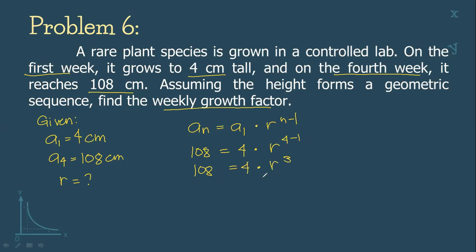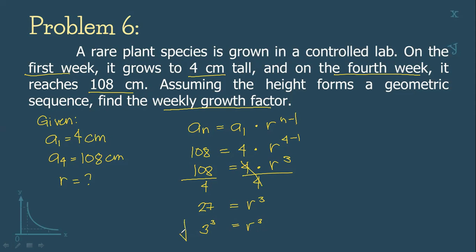So we need to isolate R, kaya i-divide both sides natin by 4. So makakancel po both sides, or dito lang sa side na ito si 4. So that will give us 108 divided by 4, that is equal to 27. So we have here 27 is equal to R raised to 3. Alam natin na 27 is equal to 3 raised to 3, and that is equal to R raised to 3. So parehas sila may raised to 3.